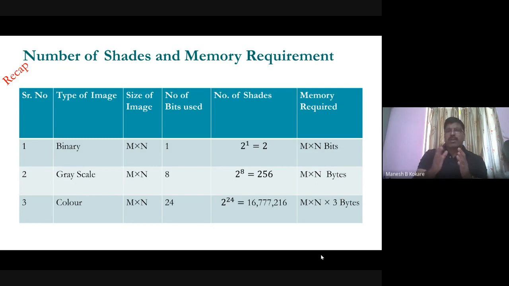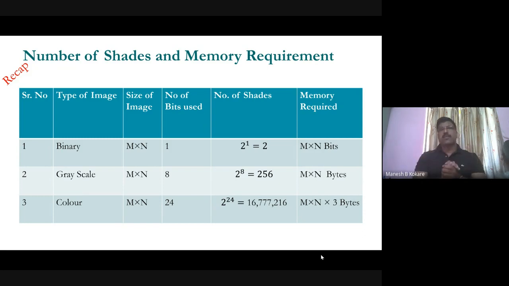Then we talked about the number of shades. The number of shades is 2 raised to the number of bits. For a binary image, since the number of bits is 1, 2 raised to 1 equals 2 shades, that is black and white.